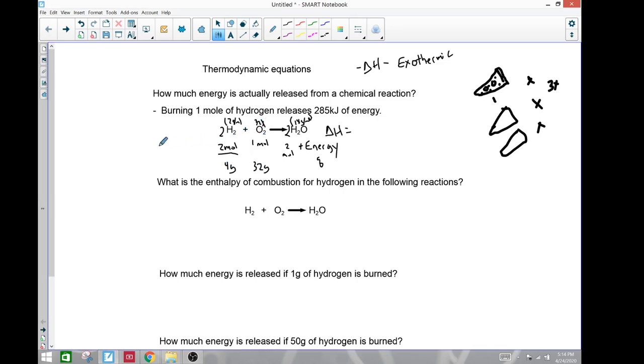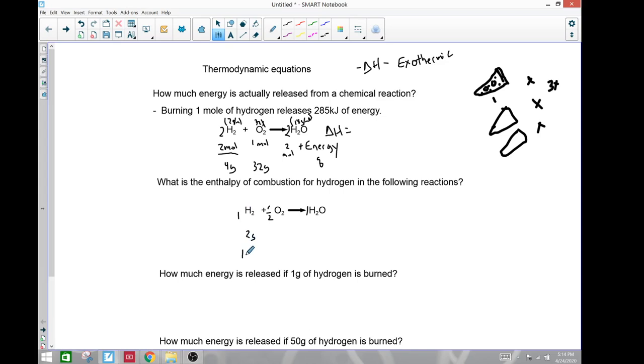Another example: what about this, where we have 1 mole of this, a half a mole of this, and we get 1 mole of that. This is also a balanced equation. So this one is going to be 2 grams, because that's 1 mole.